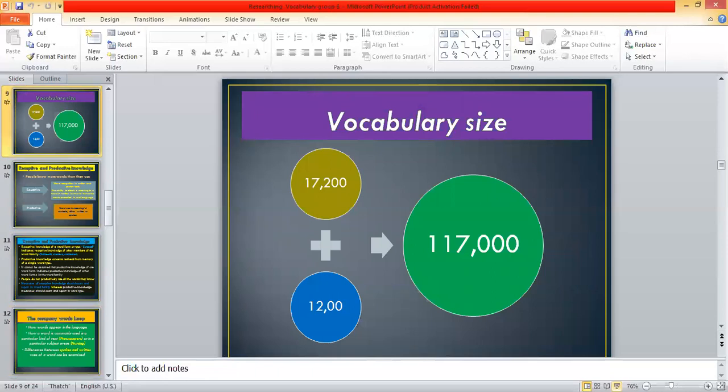According to some of the research mentioned here, there are a total of 117,000 word families in English. Among them, those who speak it as a first language know 17,200 words.